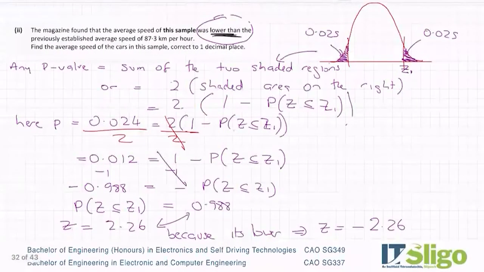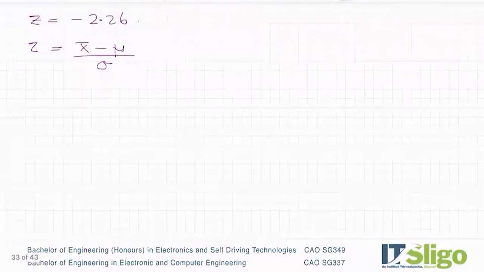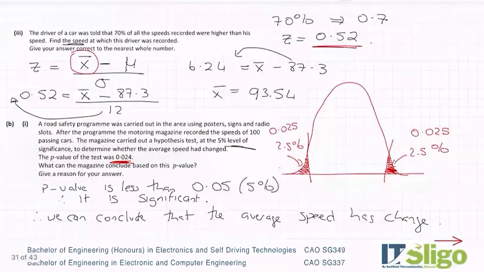Let me go back and have a look. P-values are always done using the central limit theorem.